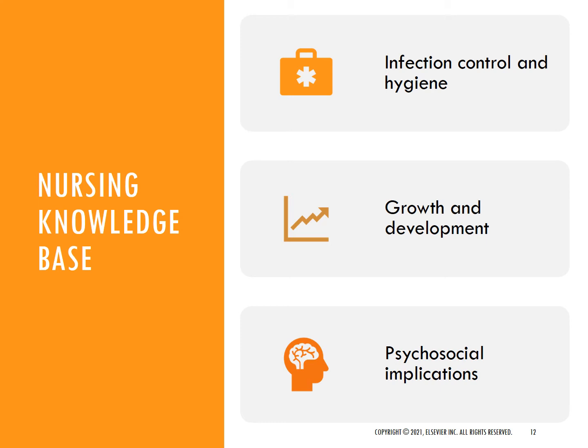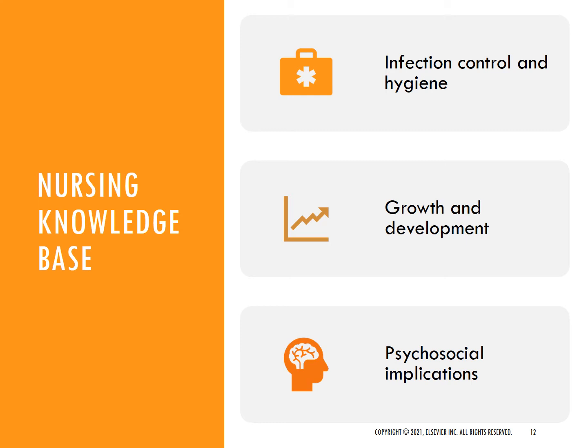Also, growth and development will have an influence on how we provide care. What is our patient's life stage? Where are they as far as growth and development? Is the client able to be continent of urine?